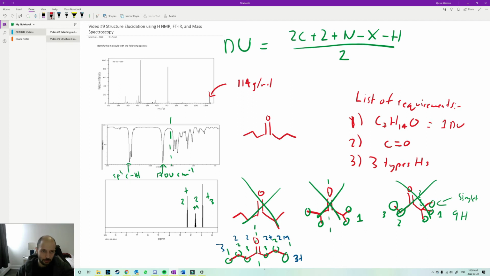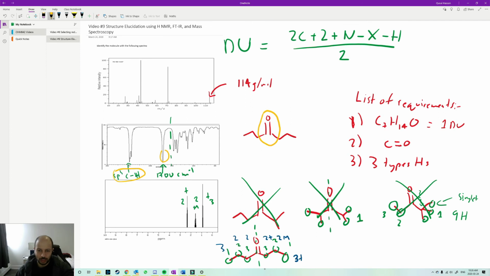I'm going to use yellow in this case. I see the carbonyl. The sp3 CH peak, well, there's a lot of sp3 CHs, right? Is there anything else? Not really. So IR seems to be working as well.